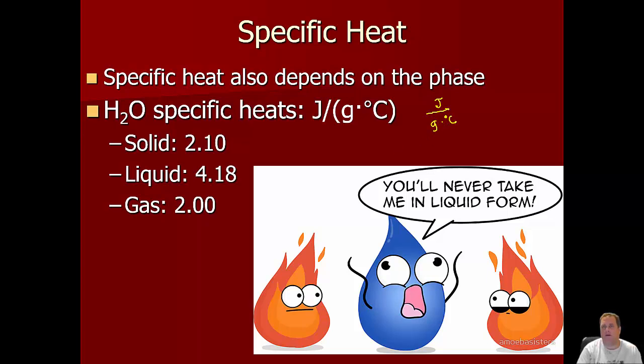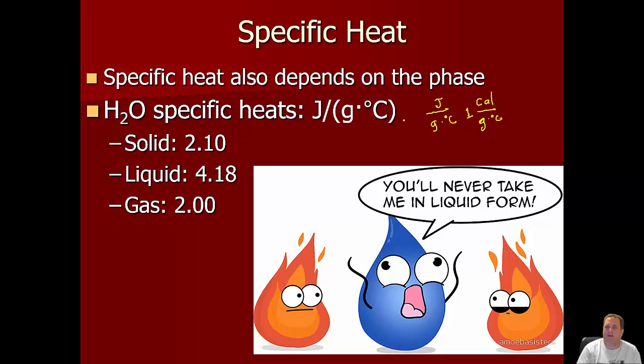Okay? So there are other units we could write here. Well, we know we use both joule and calorie. So we can have calories per gram degree Celsius. So for water, the specific heat is 1 calorie per gram degree Celsius, because we define the calorie essentially as the specific heat of water.